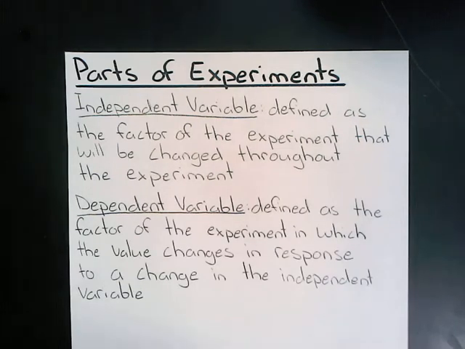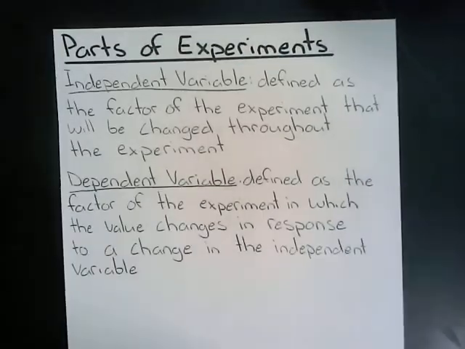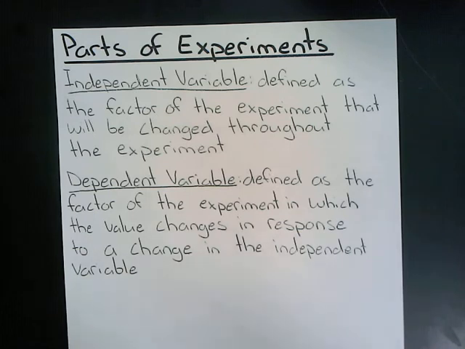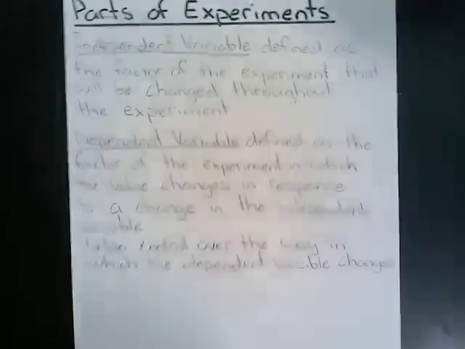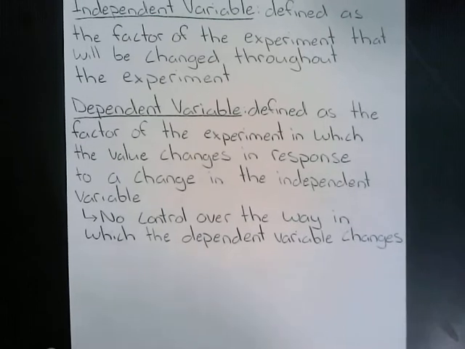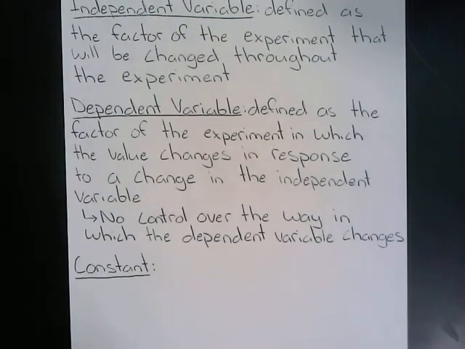Now, it's important to remember here with the dependent variable that there is no control over the way in which the dependent variable changes. Now, some other terms to be familiar with in an experiment is a constant. The constant is defined as a factor that is not allowed to change during the experiment.